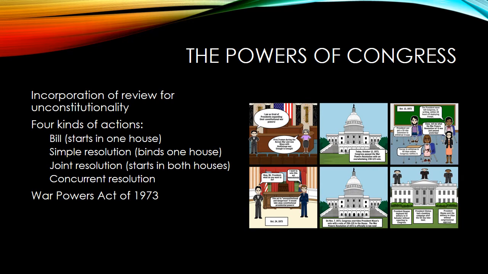So a good example of a concurrent resolution is the War Powers Resolution of 1973. The concurrent resolution was passed during the Vietnam War, when it was not actually a declared conflict. There has not been a congressional declaration of war since 1941.